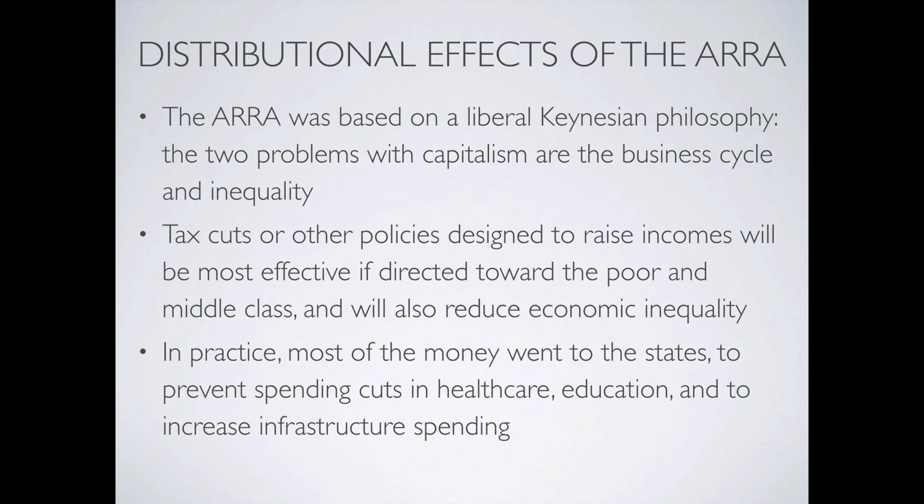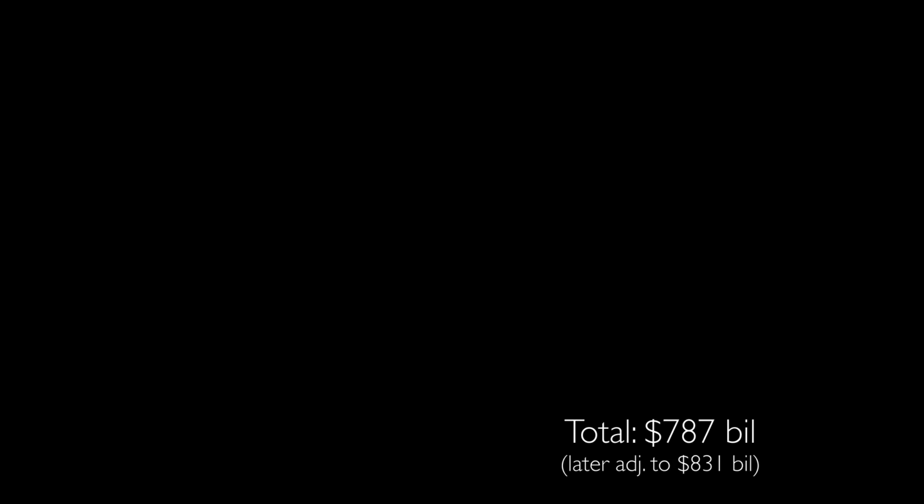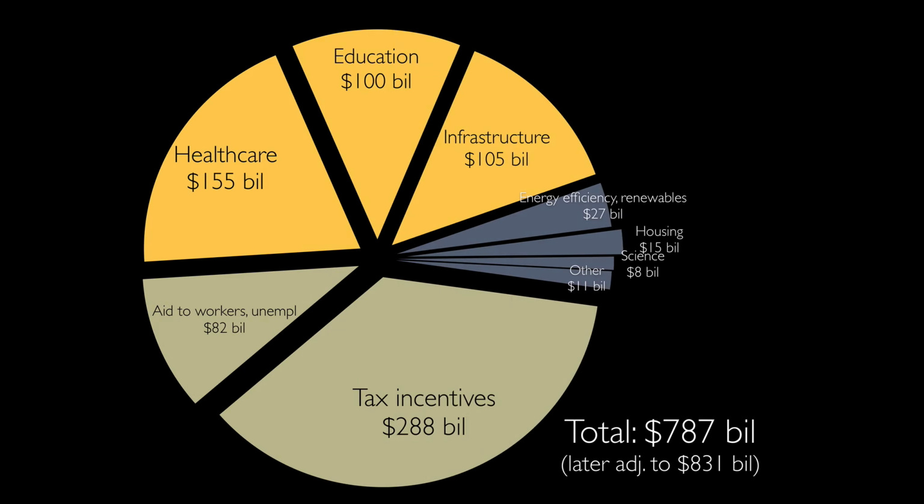In practice, most of the money went to the states to prevent spending cuts in a bunch of different areas that states probably would have cut, things like healthcare, education, and there was also some money to increase infrastructure spending. Okay, so if we take a look at this distribution here, the total is $787 billion, right down here.